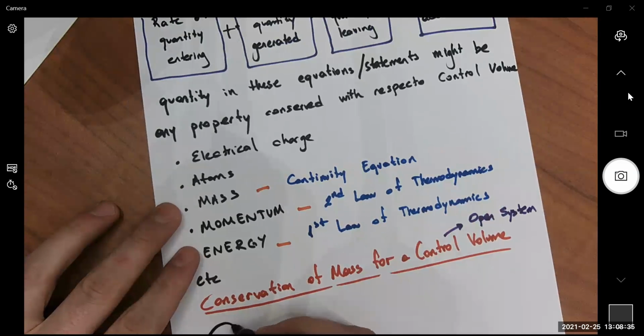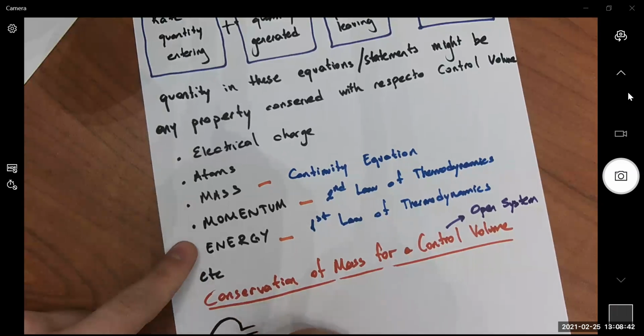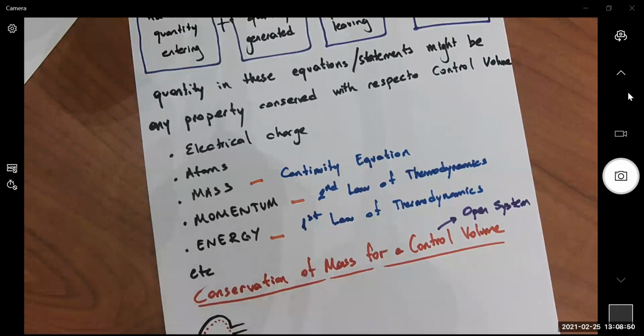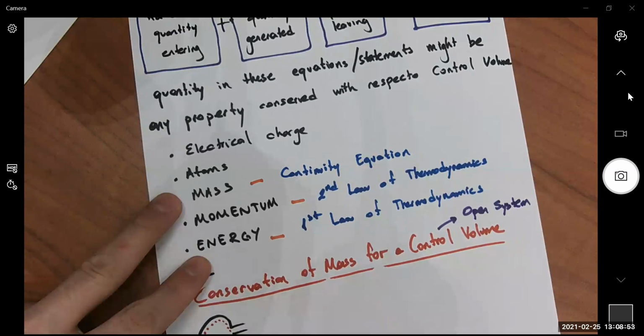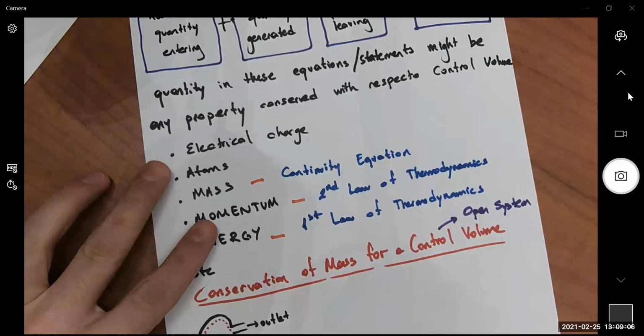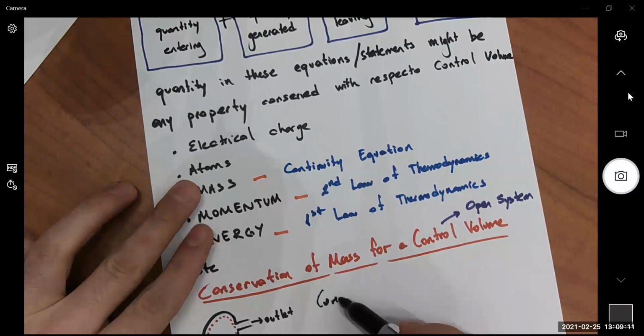Let's say we have a control volume that looks like this. In, inlet, out. Consider this as a control volume.